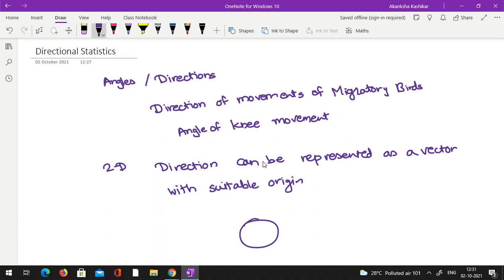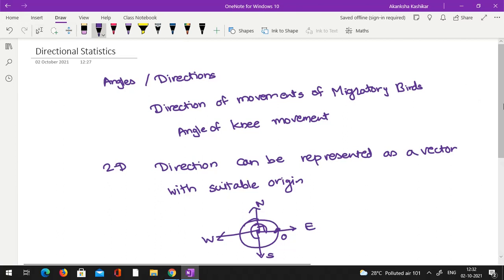For example, while drawing a map, we say this is east, this is north, this is west, and this is south. If I start from here as 0 degree, then along 0 degree I have east. Going in the usual anti-clockwise manner, along 90 degrees I have north, along 180 degrees I have west, and along 270 degrees I have south, correct?